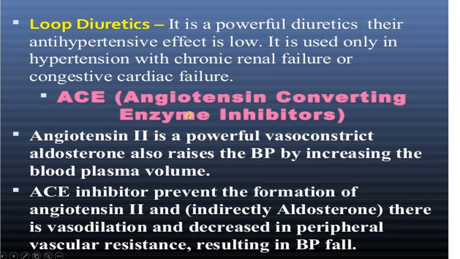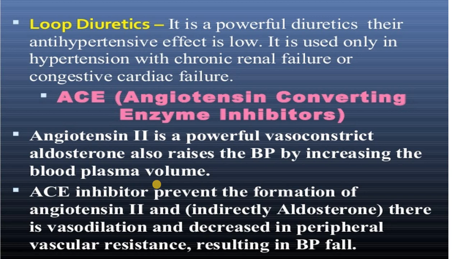Angiotensin converting enzyme inhibitors. First one is angiotensin. Angiotensin II is a powerful vasoconstrictor. It causes vasoconstriction of the muscles, and aldosterone also raises the BP by increasing the blood pressure and plasma volume.